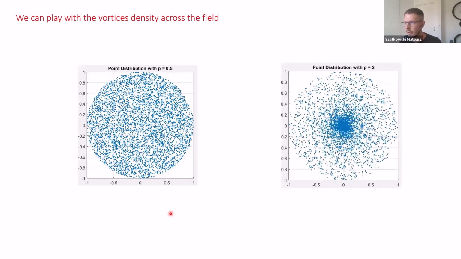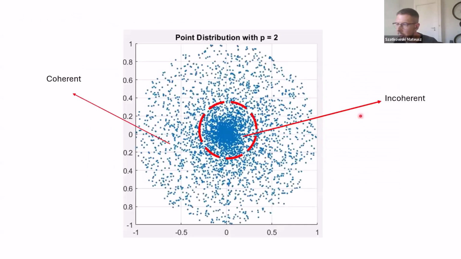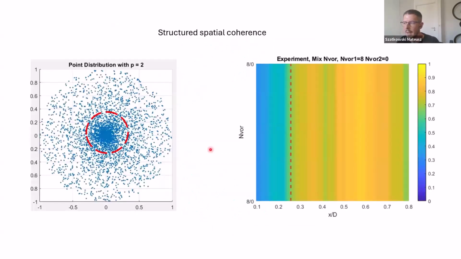But you can also change this distribution, and this is the simple parameter that controls that. We can make a beam that would be probably incoherent in the center, where we increase the number of vortices locally and decrease the number of vortices in the outer part. So this is the whole beam that is going to be illuminated, and you see this is the line that lets us switch from the fully coherent part to the non-coherent one.